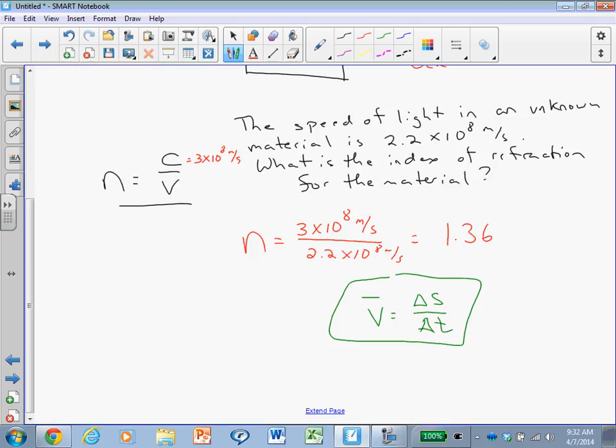So remember that there's this one and this one. This is for when specifically you have wavelength and frequency. But you might be given distances and times that aren't periods or wavelengths. In that case, you're using this one.